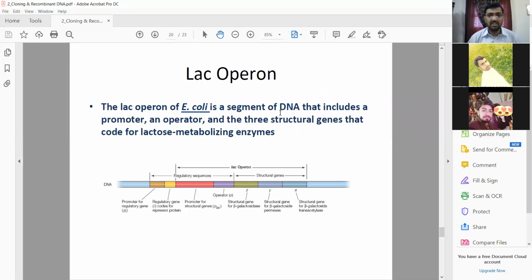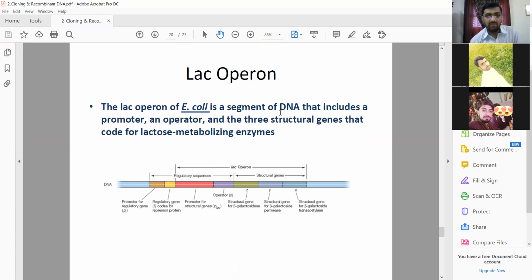So this lac operon is a segment of DNA that includes a promoter, an operator, and three structural genes which code for lactose metabolizing enzymes. We all know that bacteria take energy from glucose, but in the absence of glucose, they take the extracellularly available lactose, bring that lactose inside the cell, and then metabolize it into glucose to be used as an energy source.